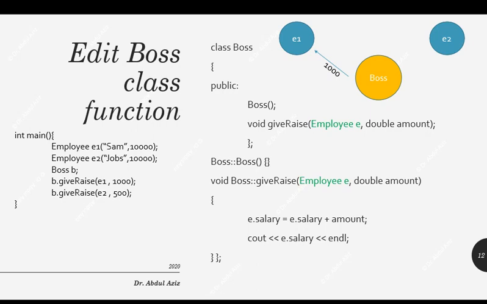Therefore the boss will access E1 and raise his salary by 1000, and in the second function right here, it will access E2 and increase the salary of E2 by 500. So this is how friend classes work.